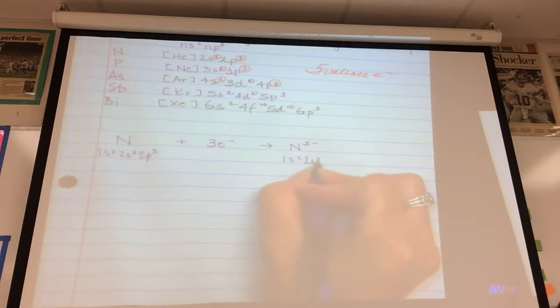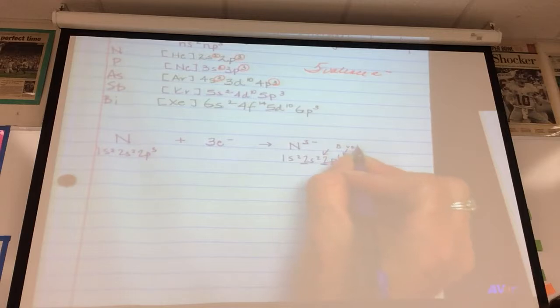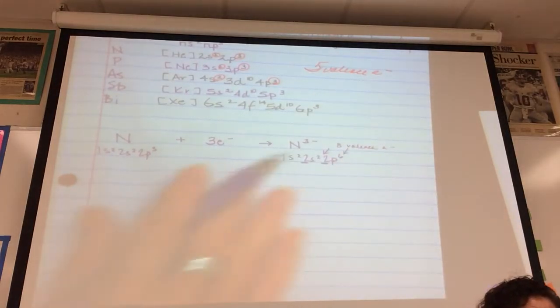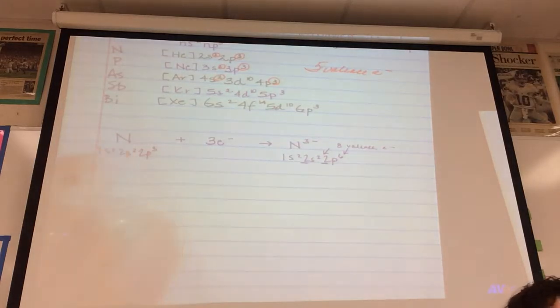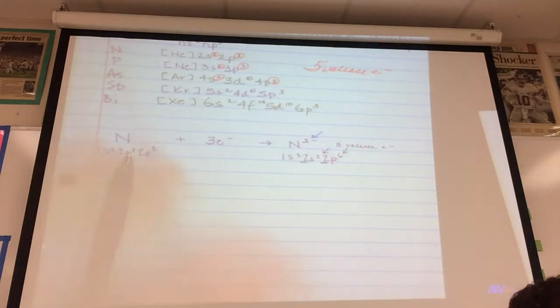And now, if you look at the electron configuration of the ion, you'll have 2 plus 6 will be 8 valence electrons, which is an octet of electrons, and the ion's going to be much more stable than the element, and that's why atoms will lose, gain, or share electrons to achieve that octet of electrons. So the ions typically have a 3- charge, and that's the blank you're looking for in your notes right here.